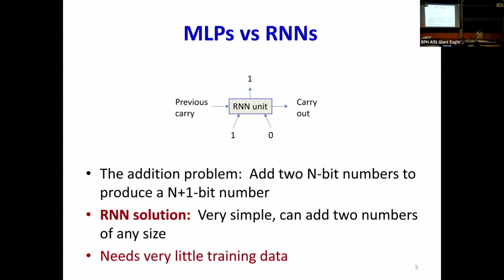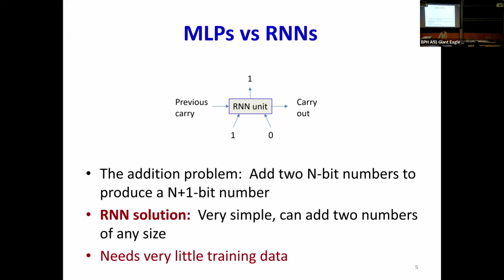There may be 4 neurons in all. How much data would you need to train it? Not very much, right? A small amount of training data, and it's going to learn to perform this operation. So as you can see, just going from an MLP structure to a recurrent structure basically made the model exponentially smaller and infinitely faster to train.